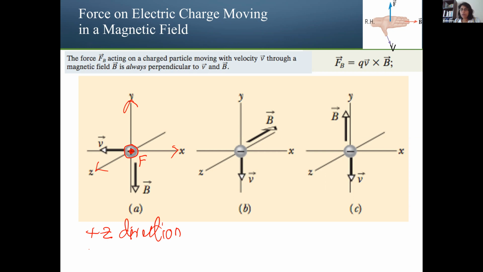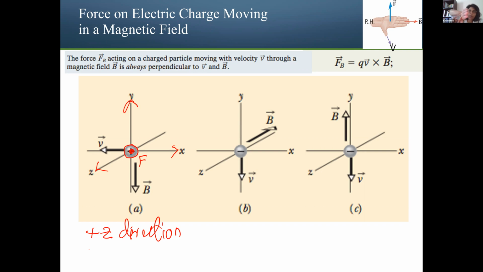Okay, so now let's go to the second one. Now forget that it is negative. We're going to switch the direction later. Think of it as a proton. Now you have velocity in the downward direction and the negative Z direction is the direction of B, right? So you need to rotate the hand accordingly. Your velocity is downward and B is into the screen.